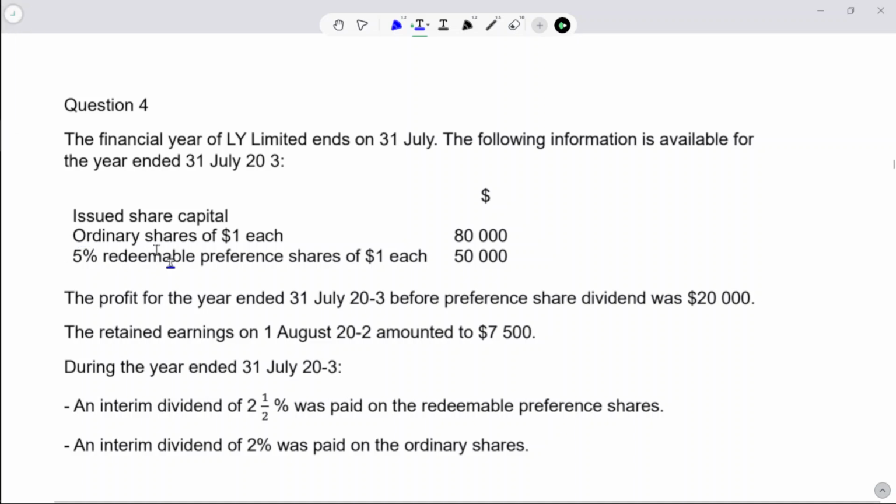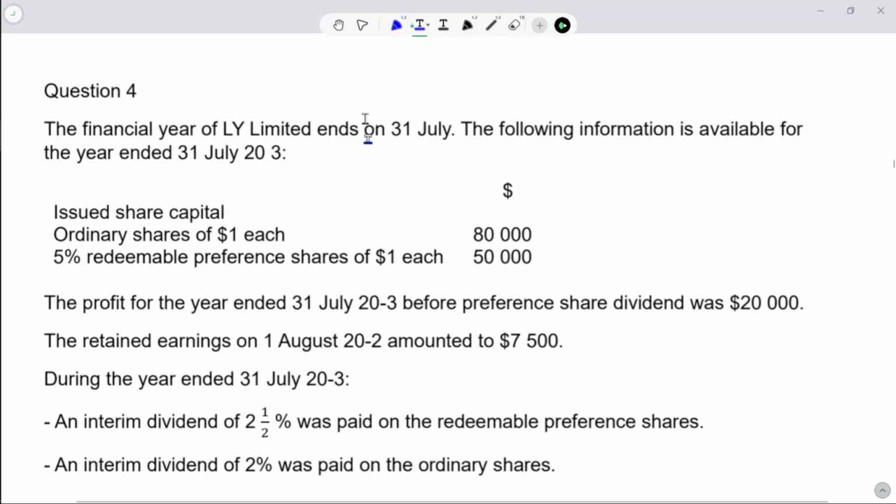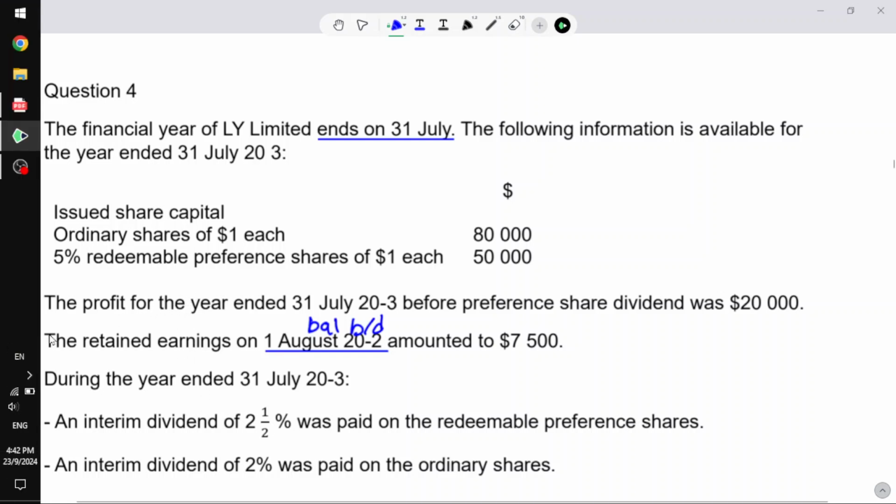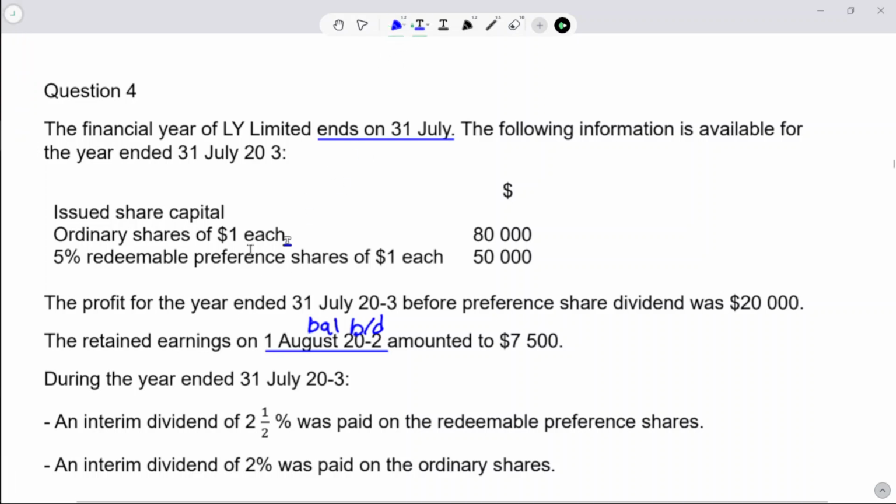This one ends on 30 July, and this one, 1 August, first day is actually the balance PD. Then he said this one profit for the year ended before the RPS dividend.